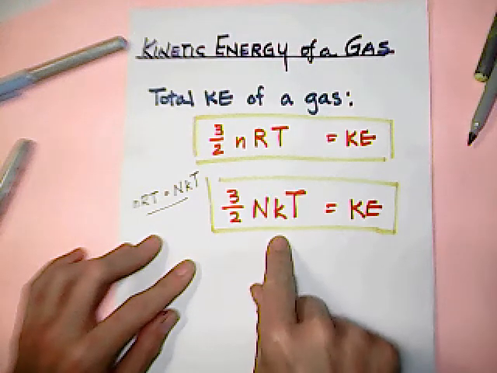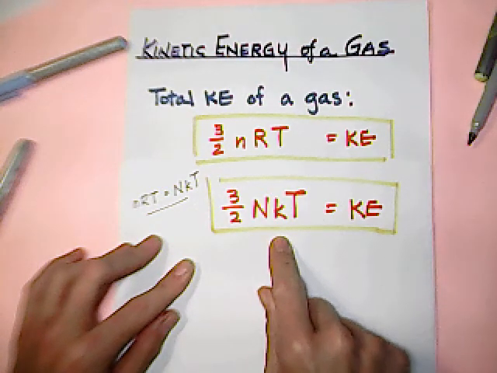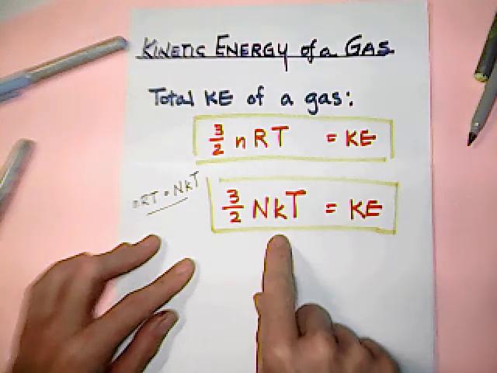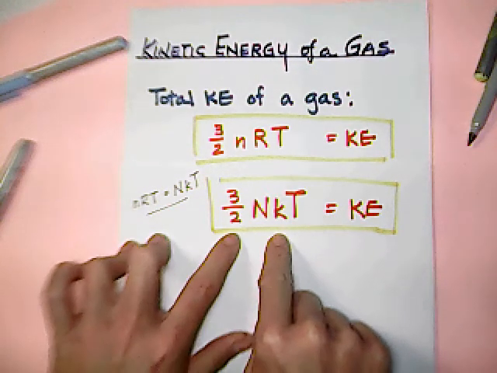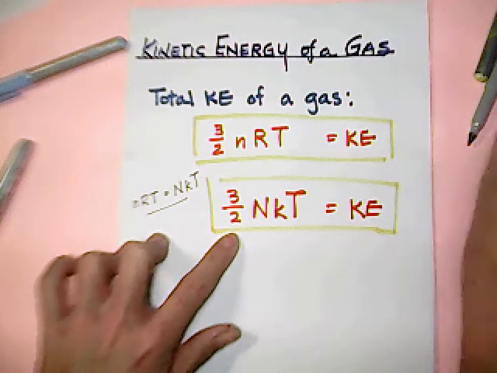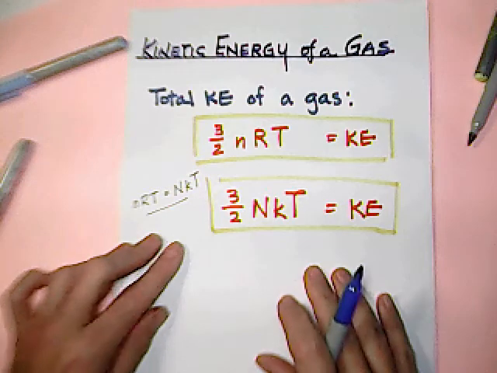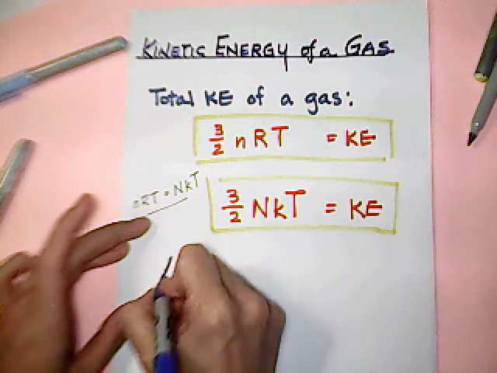If I wanted to ask you what is the average kinetic energy of a gas molecule, the average kinetic energy is going to represent the energy of just one molecule.